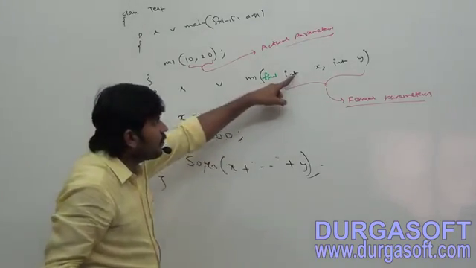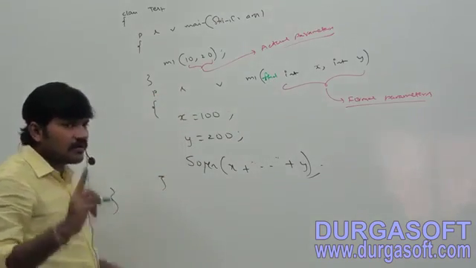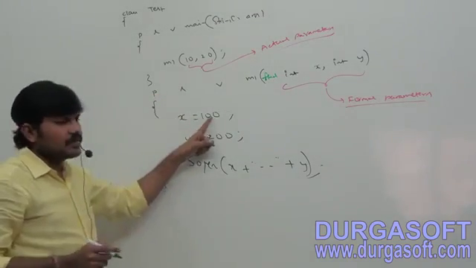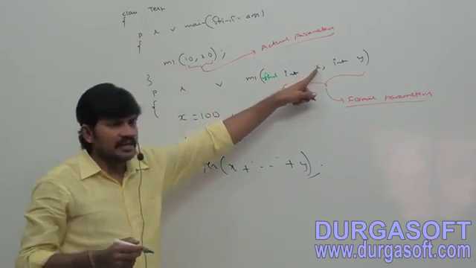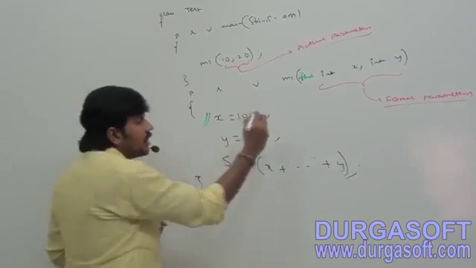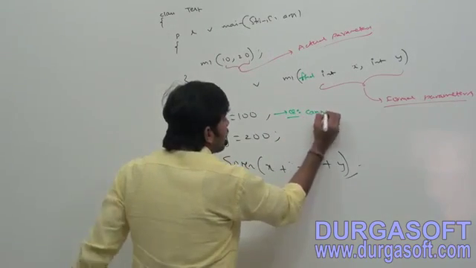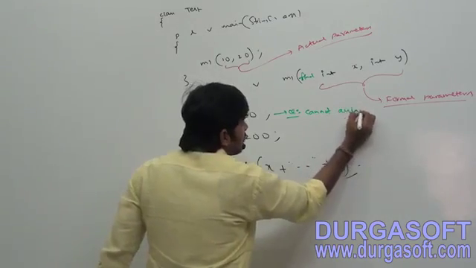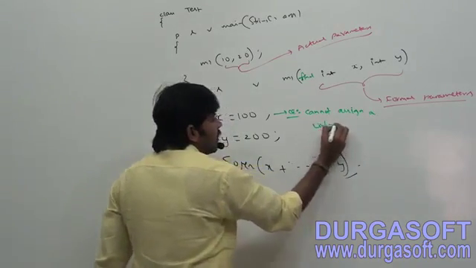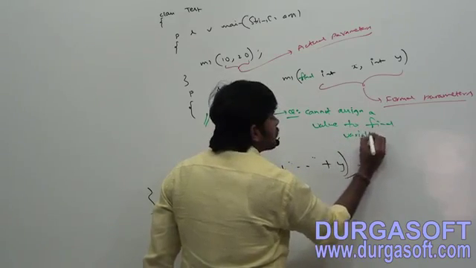If a formal parameter is declared final within the method, we can't perform reassignment. This 10 is final, so you can't perform reassignment. By mistake, if you try to perform reassignment, we get a compile time error saying cannot assign a value to final variable x.